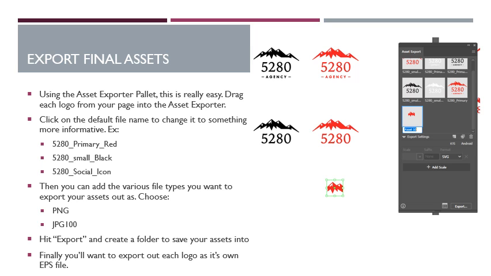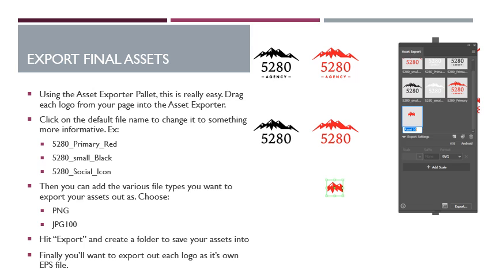And the name that you give it is the name that it will export the file name as. So that's pretty cool. So I named my stuff like 5280_primary_red, or 5280_small_black. You kind of get the point. So it's really easy to read the file name and know what logo you're choosing.